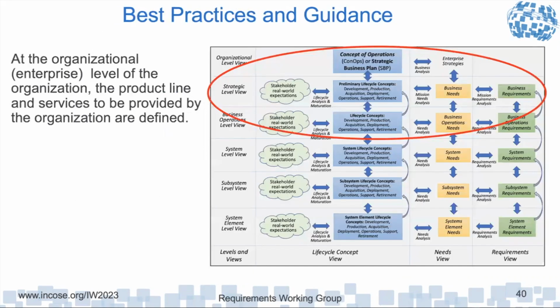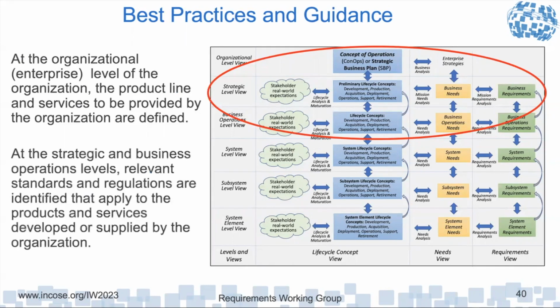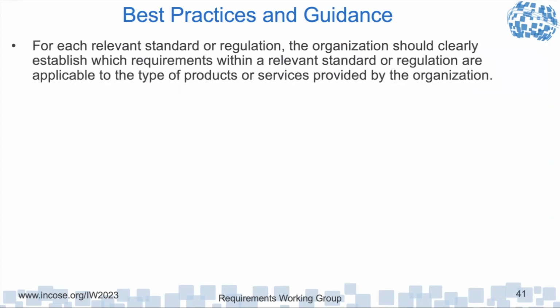Like I said before, at the organizational level, the governance of all the standards and regulations needs to be determined. What applies to the product line, what applies to the projects, and all the processes need to be in place for all the products and services developed by the organization. And then for each relevant standard or regulation, the organization should clearly establish which requirements within the standard are applicable.